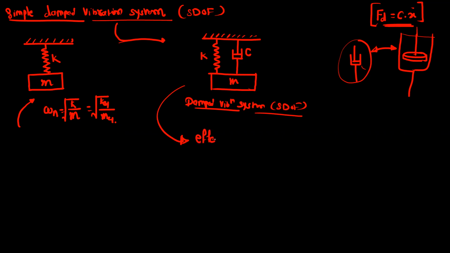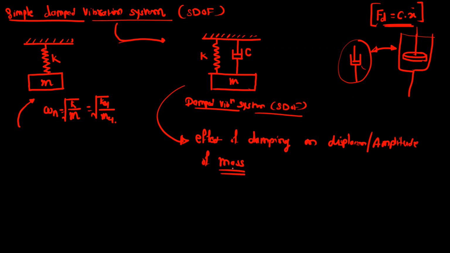So we have to find out the effect of the damping on the displacement, or this is called the amplitude, to be more specific. Amplitude means the maximum value of the displacement. So the effect of damping on the displacement of the mass of that system.